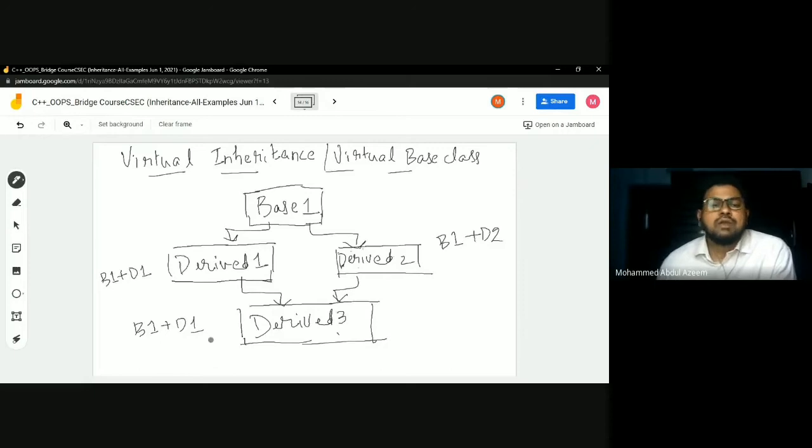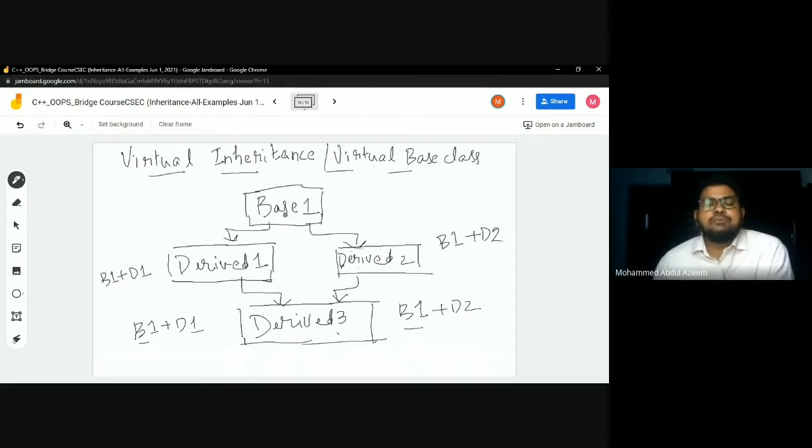Okay. And when Derive 2 is inherited at Derive 3, I will get all its properties inherited and made available at Derive 3. So what all I get here? B1 plus D2. Yes or no? So you can see at Derive 3, I will get 2 copies of B1. Yes or no? B1 which is coming from here and B1 which is coming from here, both are same.